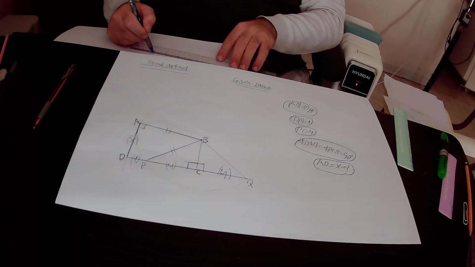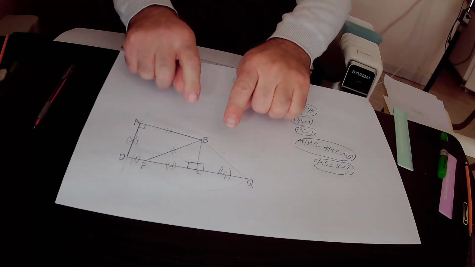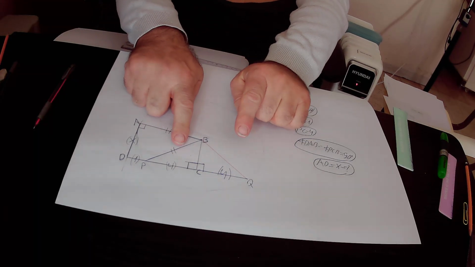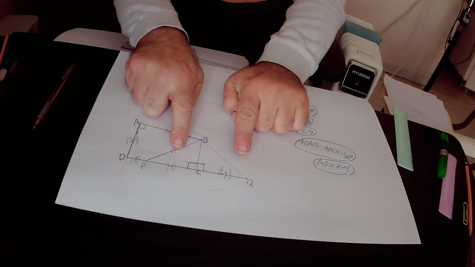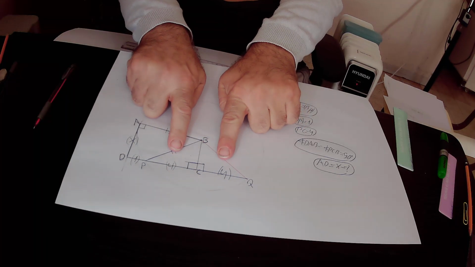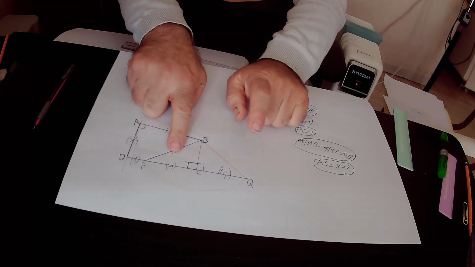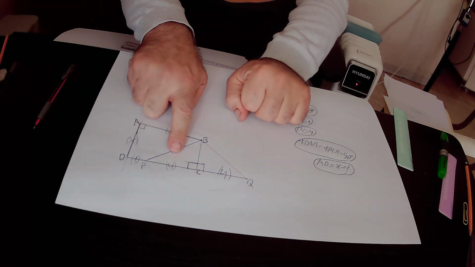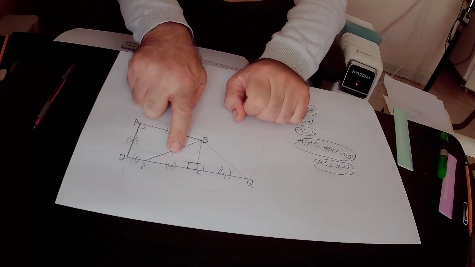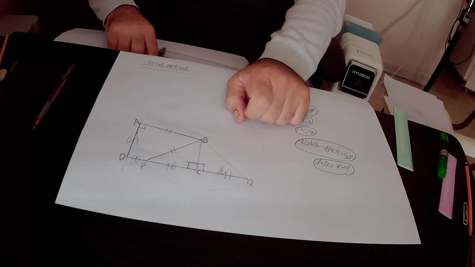So why are those two right triangles congruent? First of all, PC equals CQ equals 4. Those two sides are both equal to 4, therefore they are equal to each other. So I write it down. This is side PC on the right triangle PBC.